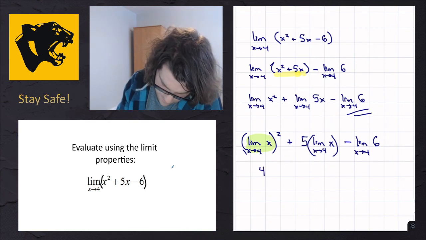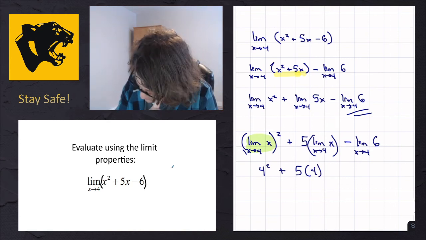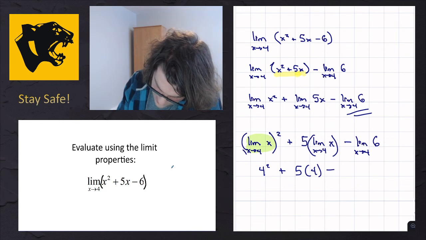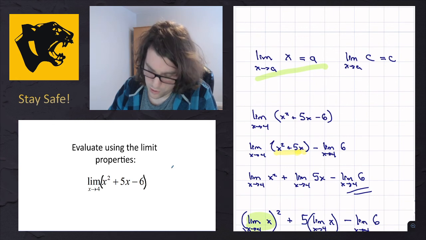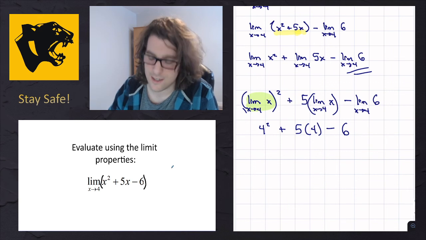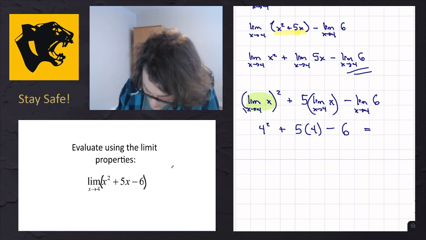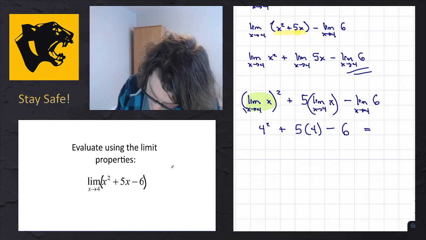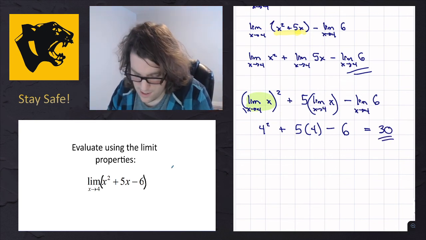So we're going to get 4 squared, because we square after we're done, plus 5 times 4 for the exact same reason as the highlighted part on this last line, minus 6, because that's actually the other one up here. The limit as x approaches a of c is just equal to c. So as x approaches 4, 6 is 6. So there it is. We could evaluate that and get 16 plus 20. So that would be 36 minus 6 is 30. So we get a value of 30 in the end.